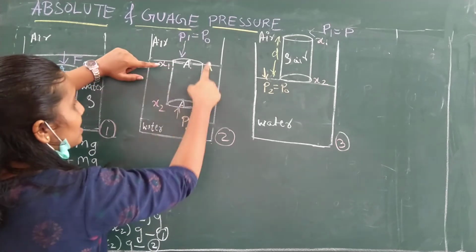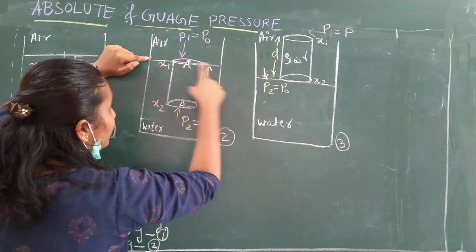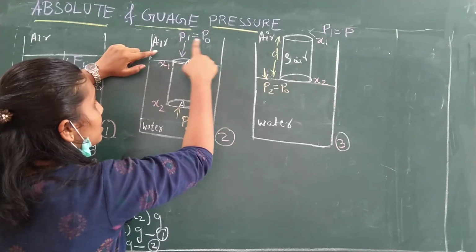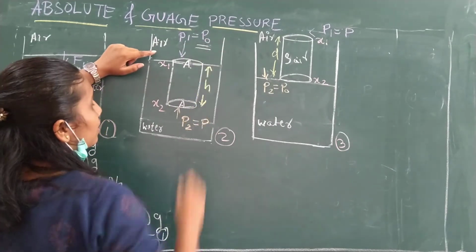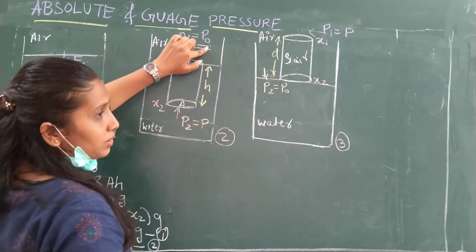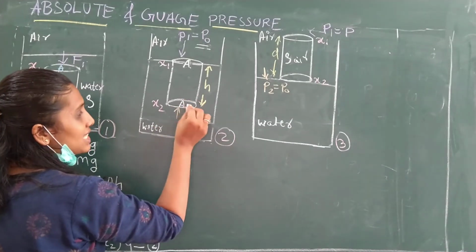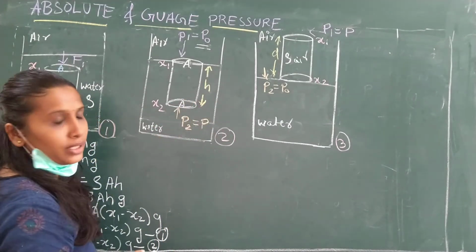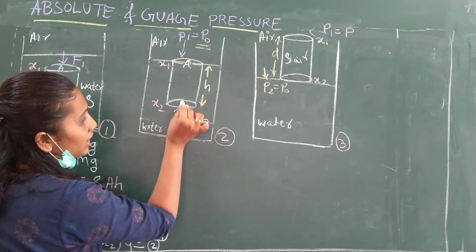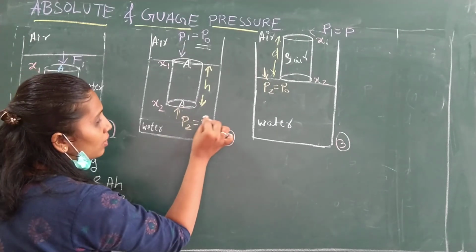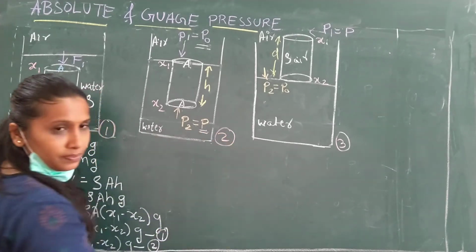But as this surface is lying on the surface of this fluid, this pressure is nothing but atmospheric pressure, which we denote by P0. Same way, the bottom of this liquid column is lying completely inside the liquid. So the pressure exerted at this bottom will be nothing but because of the liquid, that is P.